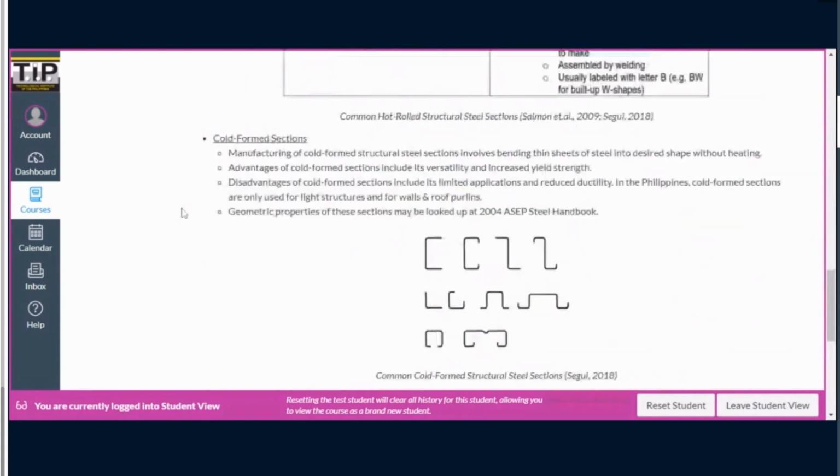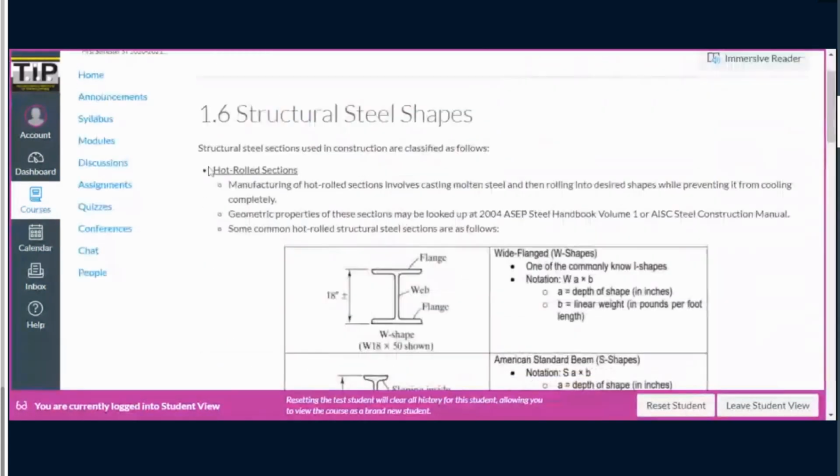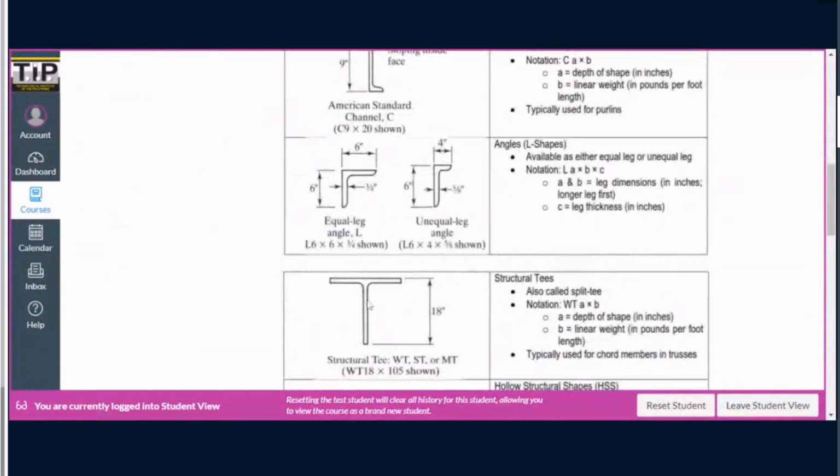Those are the two types of structural steel shapes that we may use in construction. Again, in this course, we will be focusing more on the use of hot rolled sections.